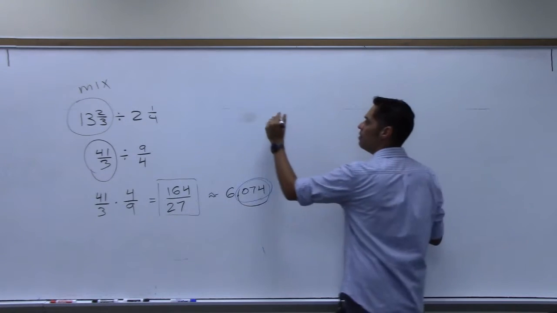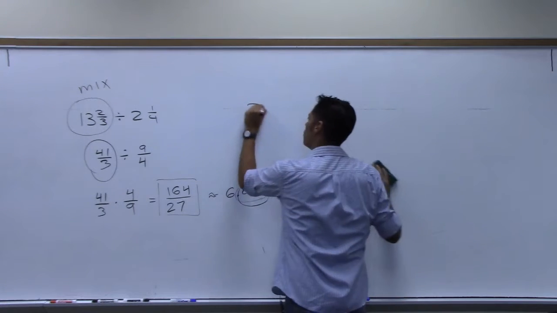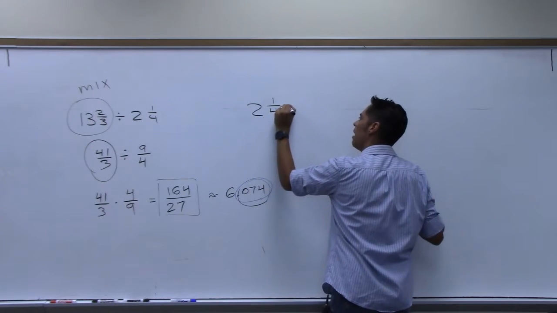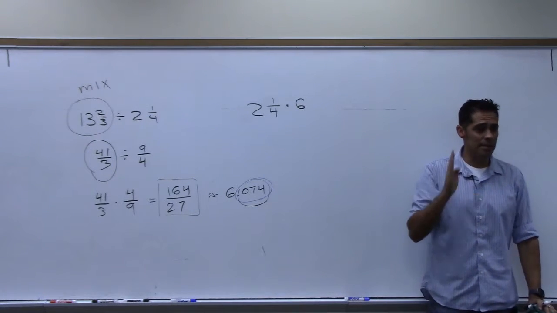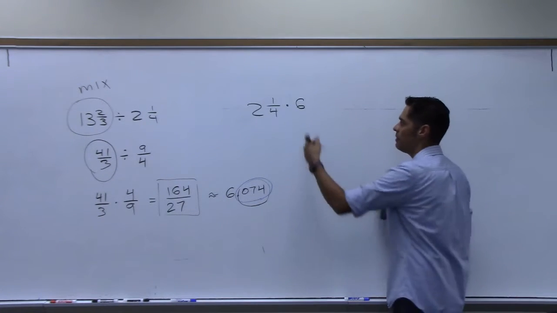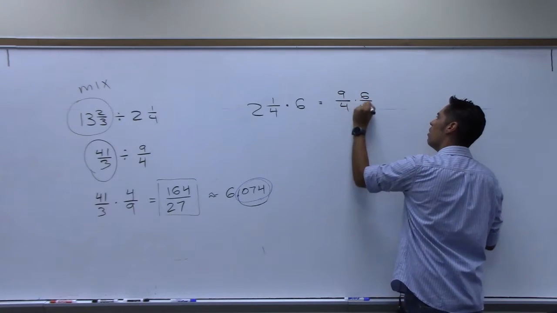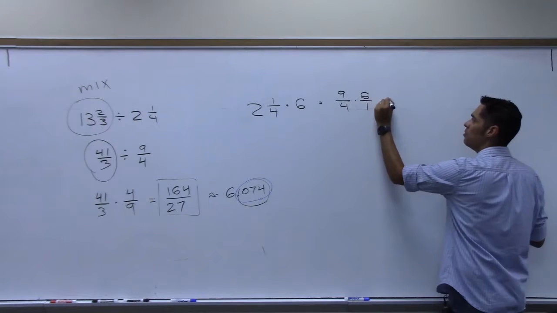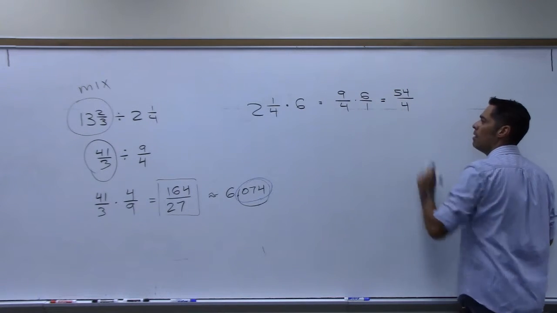All right? I'm going to do 2 1/4 times 6. Wouldn't that be exactly how much mix I used to make 6 cupcakes? All right, so I have to convert this over. This is 9/4 times 6 over 1, which is what? 54 over 4.